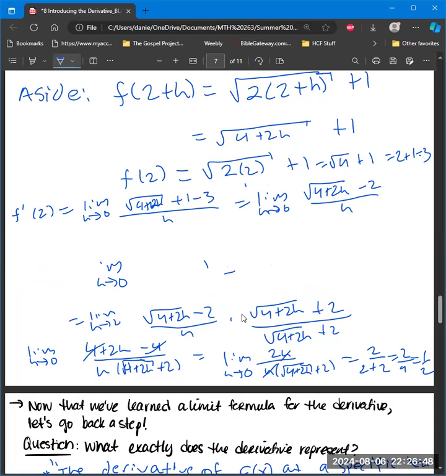And we're going to multiply by the conjugate here, root 4 plus 2h plus 2 over root 4 plus 2h plus 2.